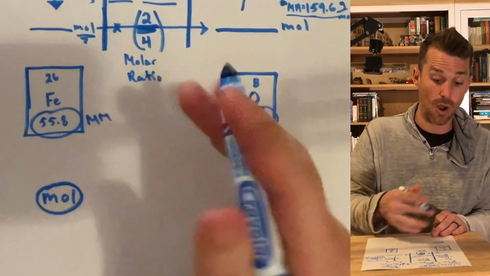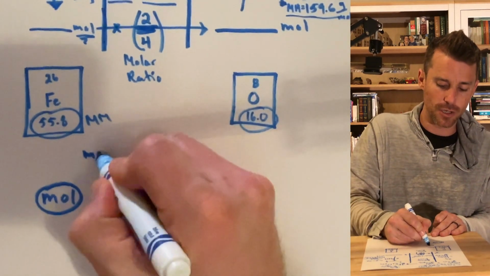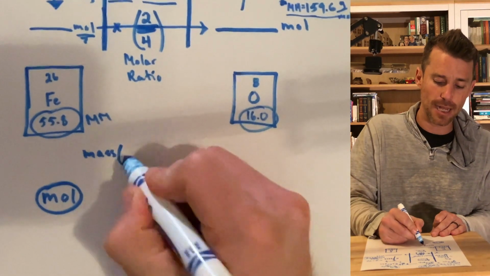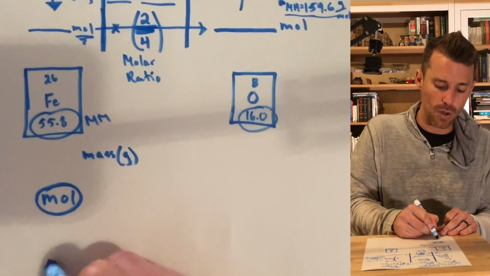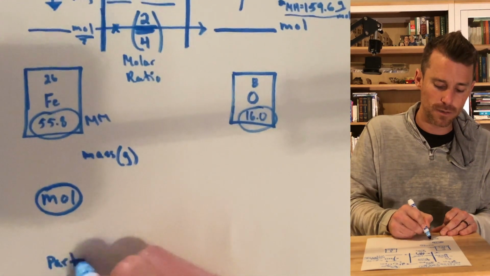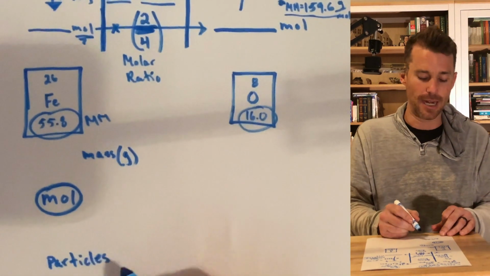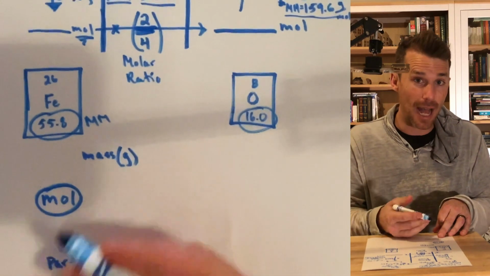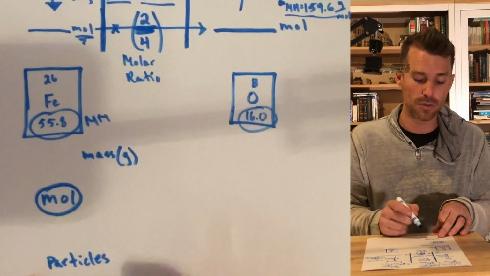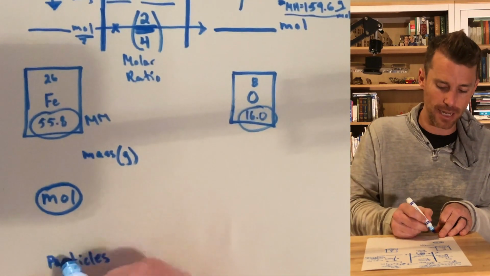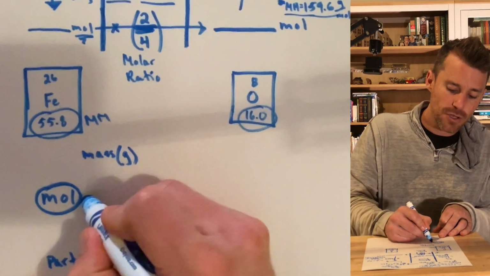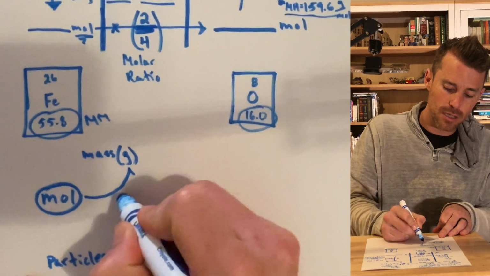Okay, and we didn't get into all of these, but I'll just show you the ones that we did. So mass, which is grams, and then we talked about you could also go to particles over here, and other names for particles might be atoms or ionic compounds, but the particles is just how many of the thing there is.